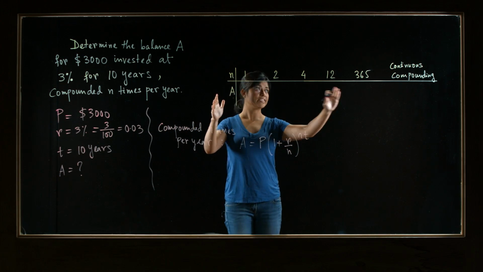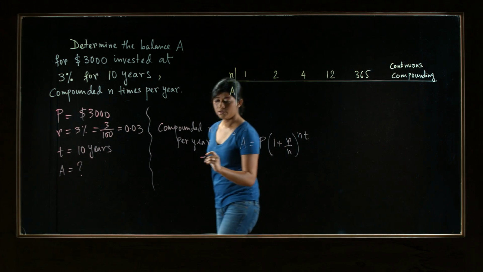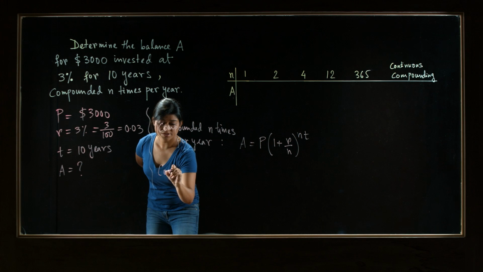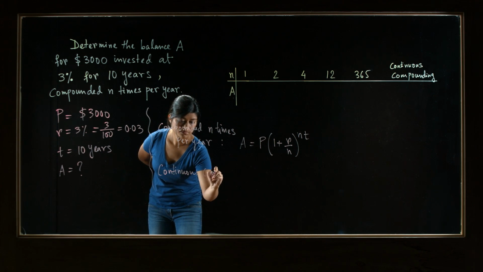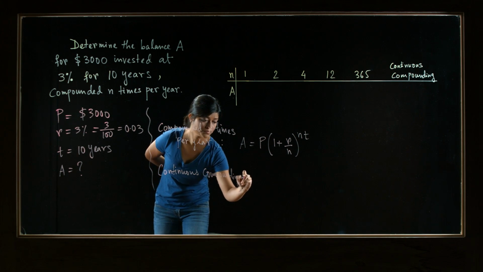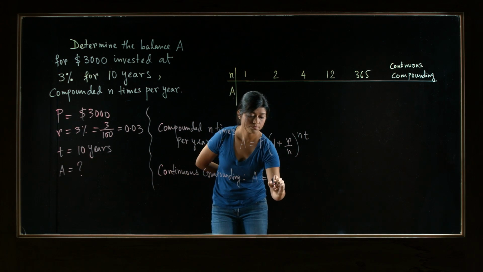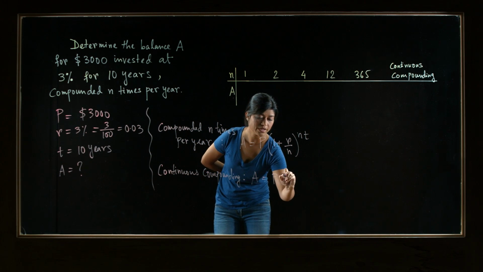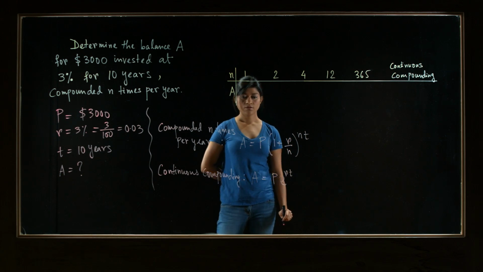But we also look at the table, the last thing we have to figure out is the continuous compounding. So the formula for continuous compounding is A is equal to P times e to the power RT. All right.